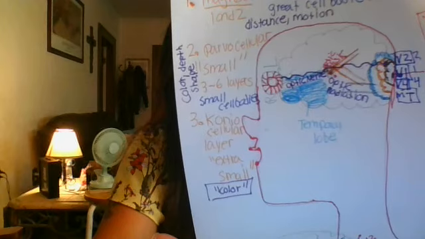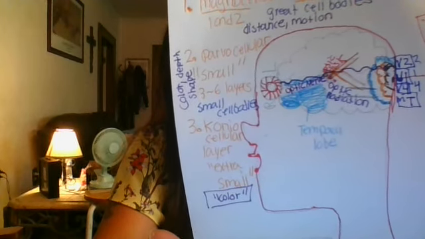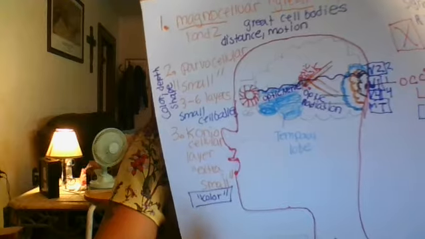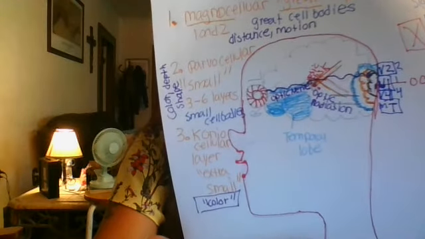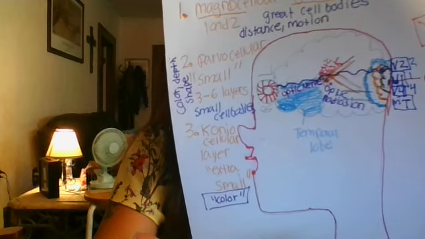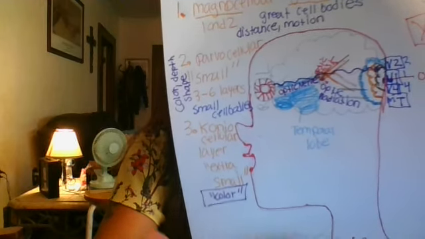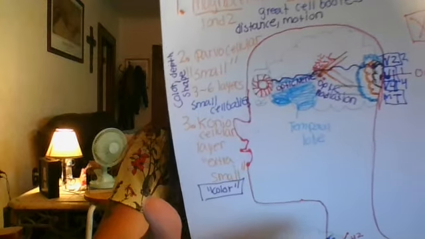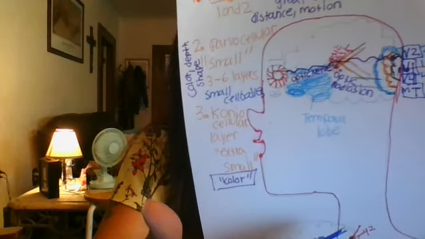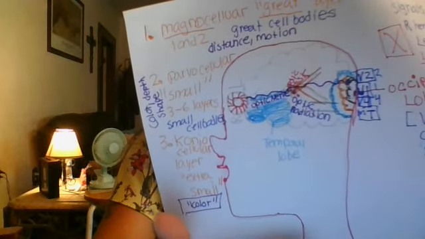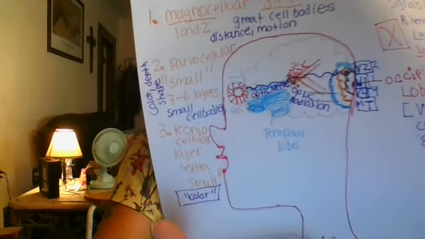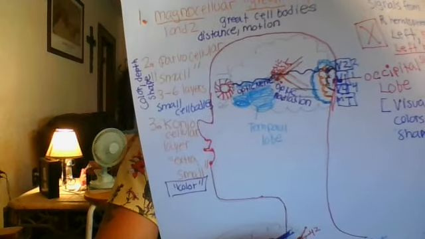The chiasm from the right eye sends half of the signals to the left hemisphere, to the occipital lobe, and keeps some of the signals, whereas the left sends half of its signals to the right hemisphere as well as keeping half of its signals in the left side of the brain.